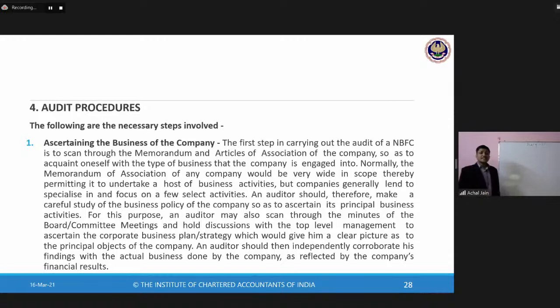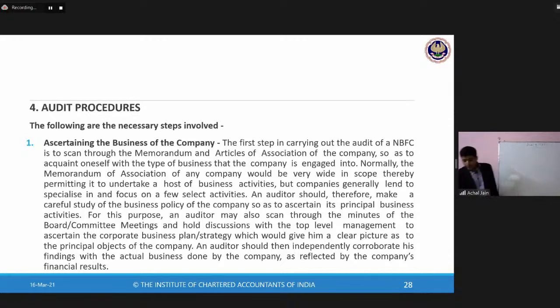See, the auditors are required to follow, once again, the audit process in 4 stages: planning, execution, conclusion, and reporting. Now, as per the planning, the auditor will be required to plan his audit procedures.